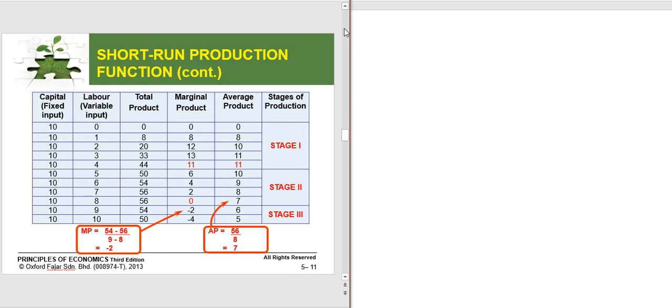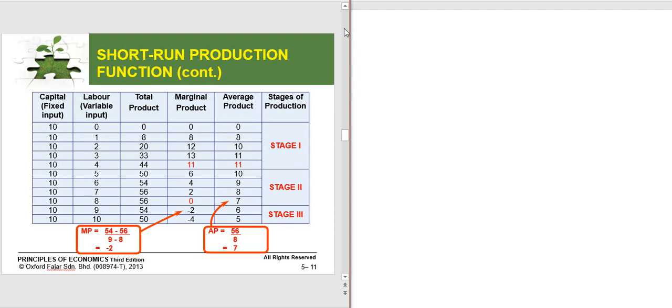And then we have different numbers of labor: 0, 1, 2 until 10 workers in the production. With a changing number of labor, the production will also change. Because you have a different number of input, you will have a different number of output.